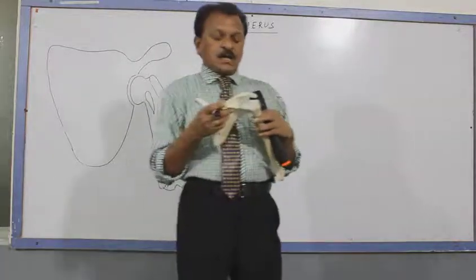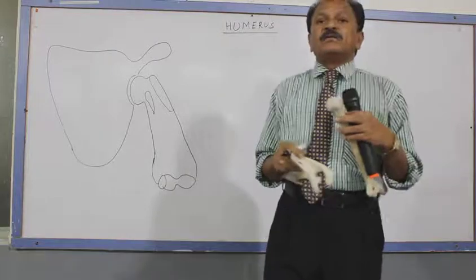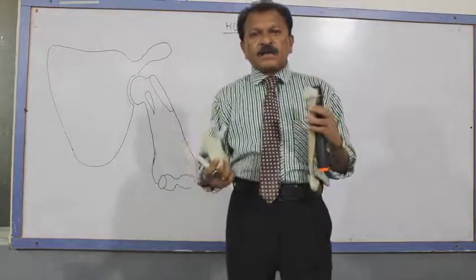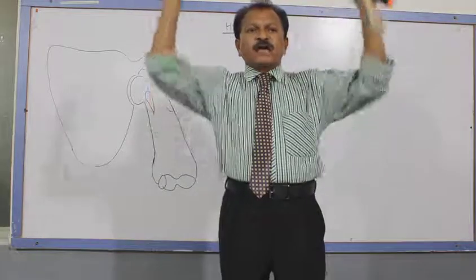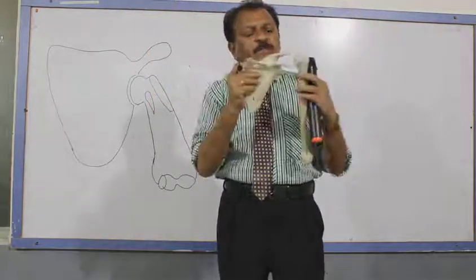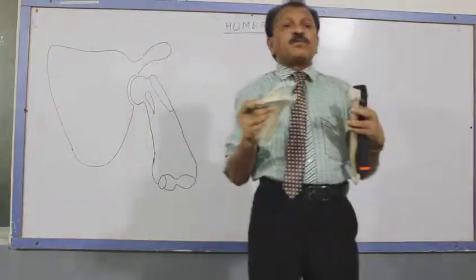So what happens when a force acts on this humerus from the superior side, or when the arm is fully abducted? It comes like this, and there is no bony support here.